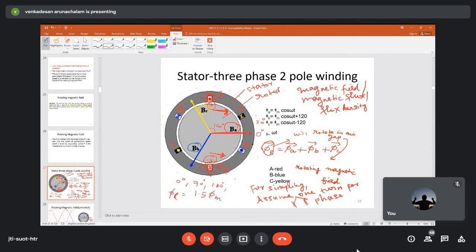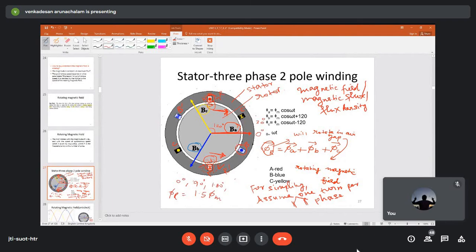You can see here. That is denoted by BA. Here we are taking in terms of flux density, and R phase we are taking as A phase. A phase or R phase, any way you can take. So this is BA.